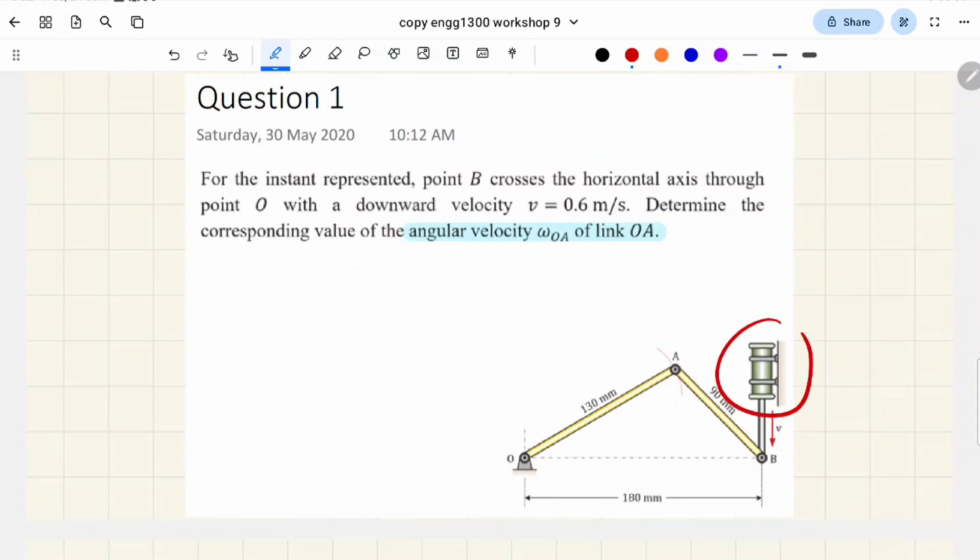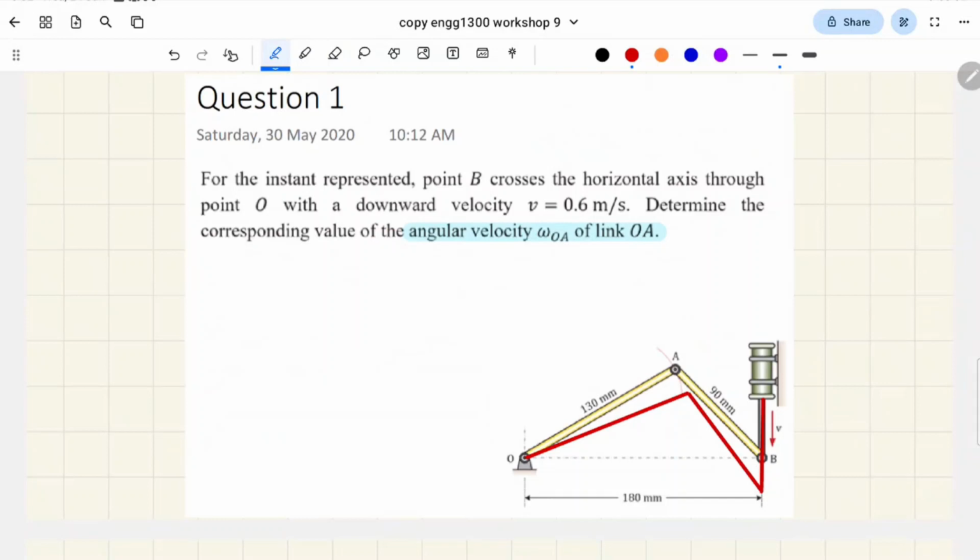Basically, I'm not sure what this machine is called, but it will extend this downwards, and that's the direction of V. So that wants to extend. This rod stays as 90, so it goes like that or something, maybe like that.